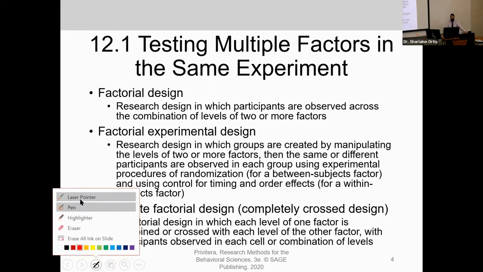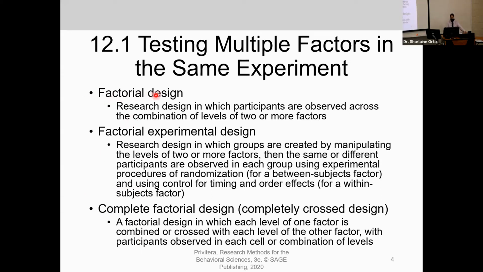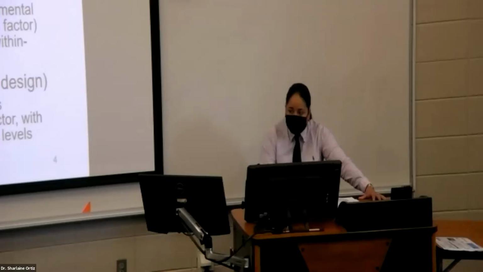Notice that a factorial design, as the term suggests, is geared towards participants that are being observed in groups that are created from the combination of levels of two or more factors, right? And what does that mean, simply put?